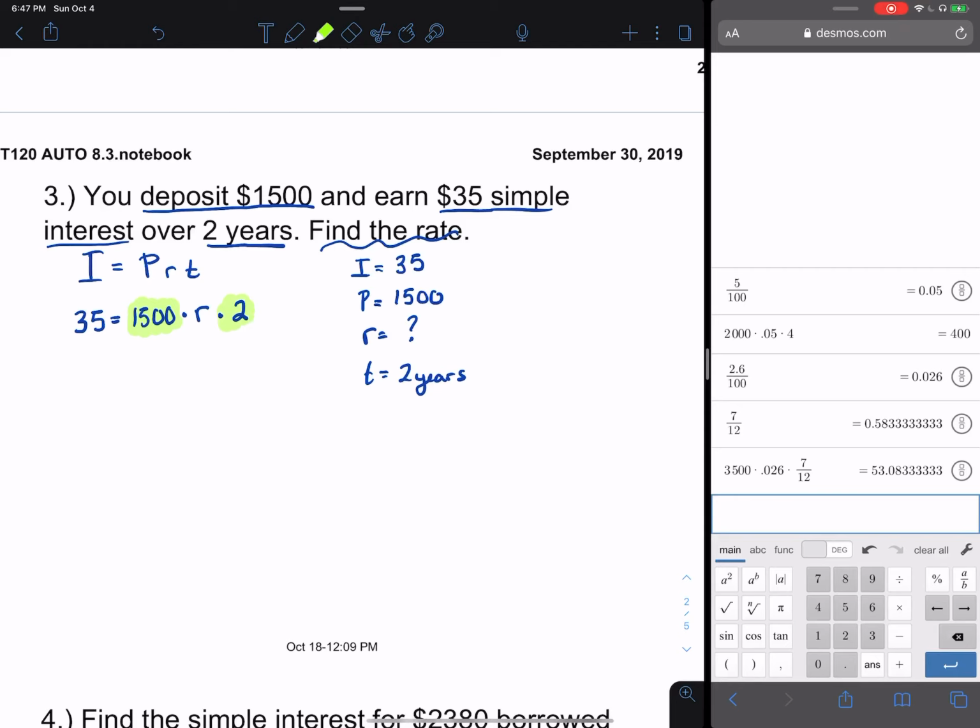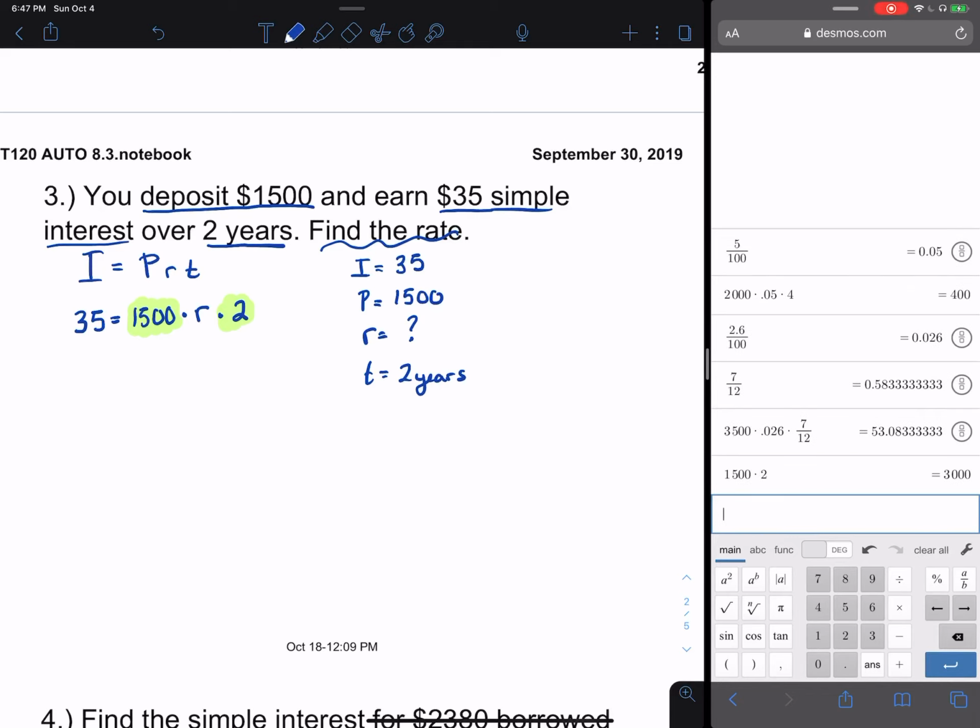So what I'm going to do is multiply 1,500 times 2, because I know the order doesn't matter for multiplication. So if I do 1,500 times 2, I get 3,000 times R. I can't forget about that R. But when we're multiplying just one number and a variable, we normally just write them together, so the 3,000R. So I now have 35 equals 3,000R.